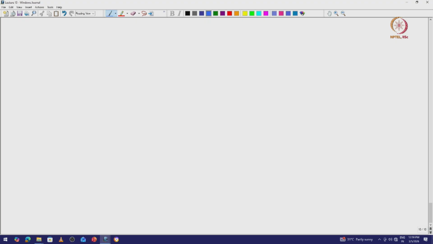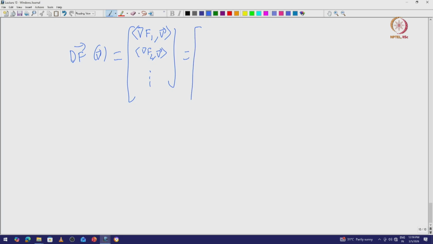So the derivative, once again, if I write it in components, is gradient of f1 dot v, gradient of f2 dot v, etc. So you can write it like this: v1 through vn, this is an n by 1 matrix, and this is an m by n matrix.